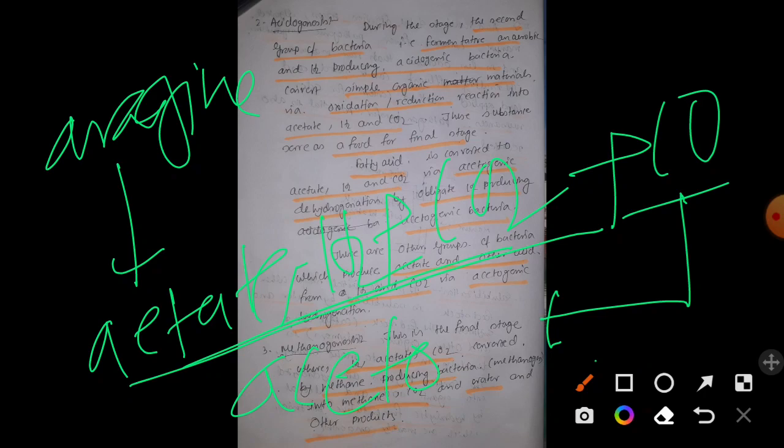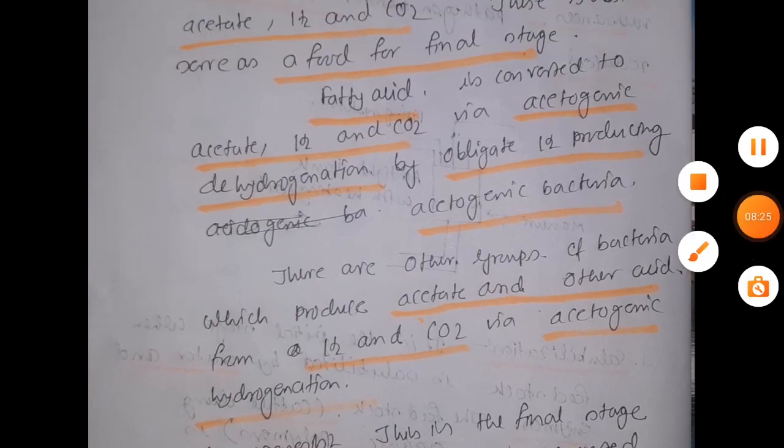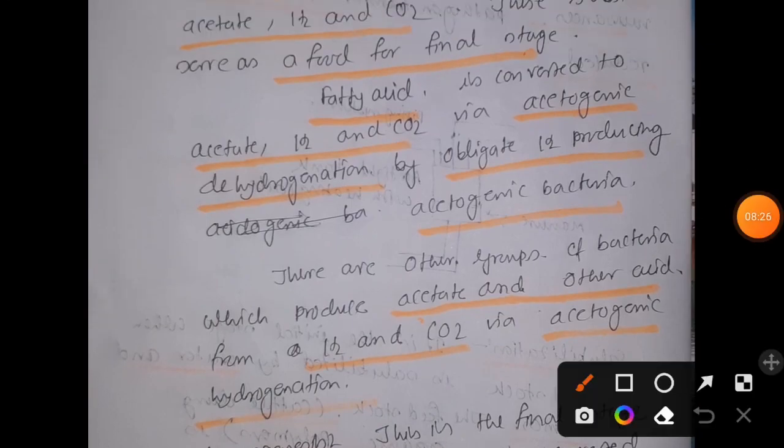Remember, these acetogenic bacteria perform two types of reaction: one is acetogenic dehydrogenation, another one is acetogenic hydrogenation. The fatty acids that remain even after the acidogenic step will be converted into acetate, H2 and CO2 by acetogenic dehydrogenation, by obligate H2 producing acetogenic bacteria.